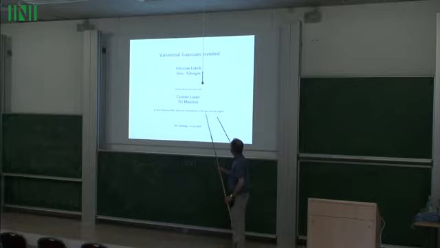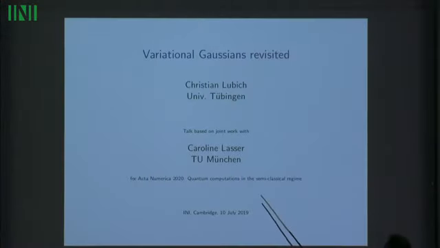And I want to present to you one section that will appear in this work, which is about variational Gaussian approximations. I present this because it's somehow the simplest approach, maybe not the most accurate, but the one with a very rich mathematical structure.